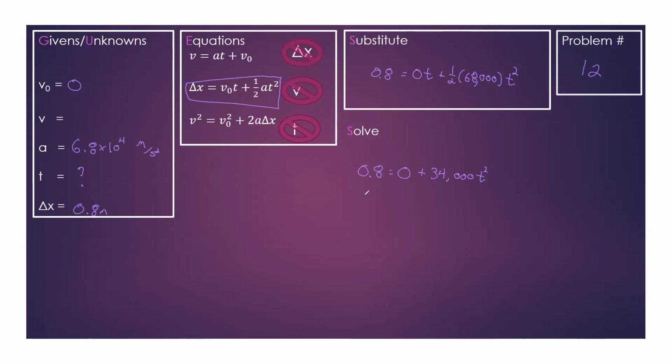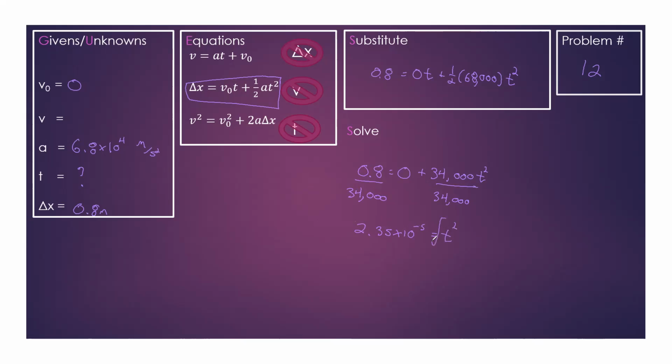There's really no reason to convert the scientific notation because this is going to be a really tiny number anyway, because we're going to divide over the 34,000. And we get 0.8 divided by 34,000 is a very tiny number, which is 2.35 times 10 to the negative fifth equals t squared.